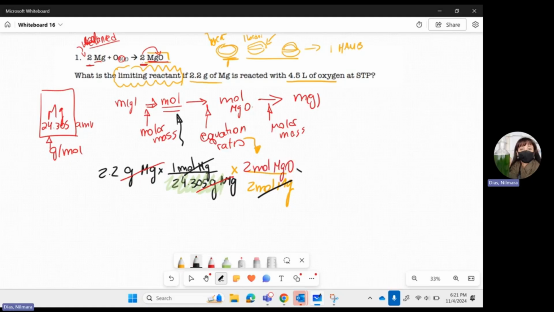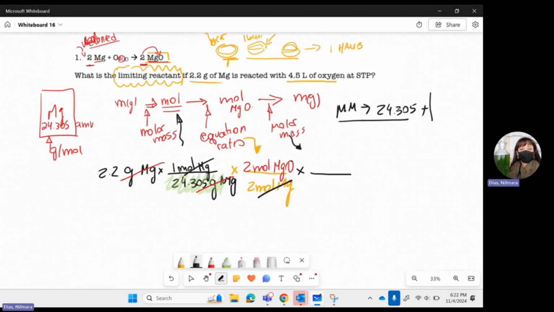And now I would need to convert this to grams, using the molar mass of magnesium oxide. But do I need to convert to grams?